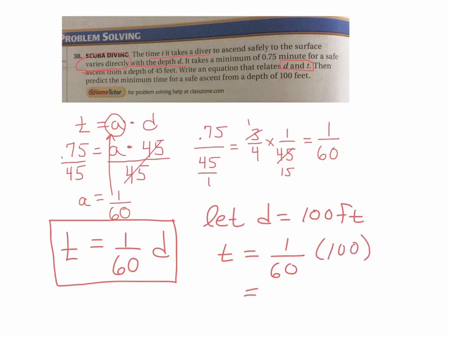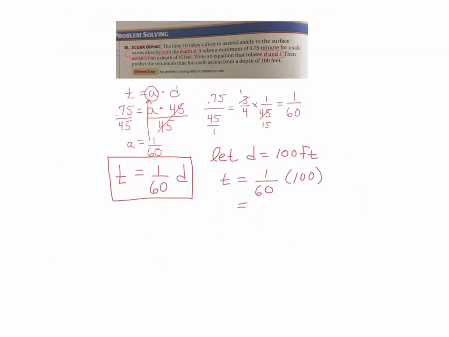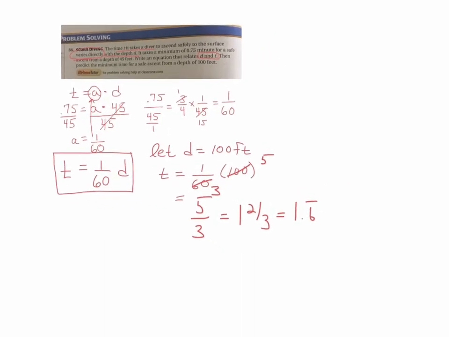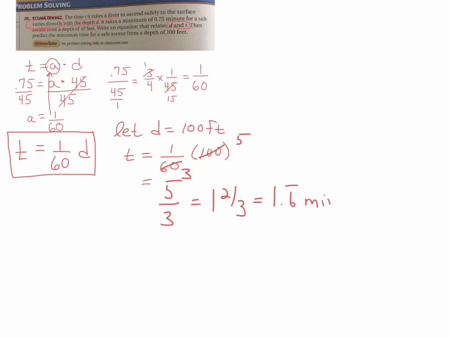And I can cross reduce right now just looking at it. 20 goes into both of these things, right? 20 goes into 60 three times, 20 goes into 100 five times, and then I would multiply, so I get 5/3, which is 1 2/3, or you could say 1.6 repeating, and we were solving for time there, so this is minutes. 1.6 minutes, or 1 2/3 minutes, or 5/3 minutes, however you want to write it.